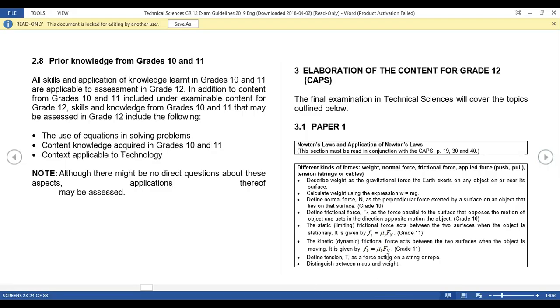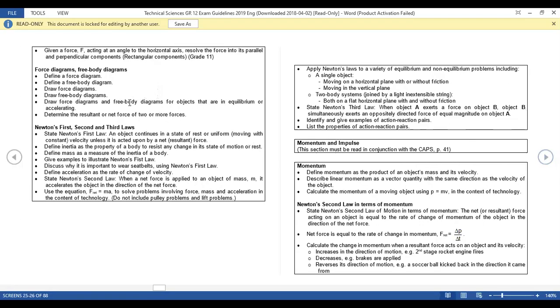Remember, tension is that force that acts on a rope or a string. Be able to distinguish between mass and weight. Remember, mass is measured in kilograms, but weight is measured in newtons, because weight is the force of gravity. Be able to resolve an applied force into components when it is acting at a particular angle.